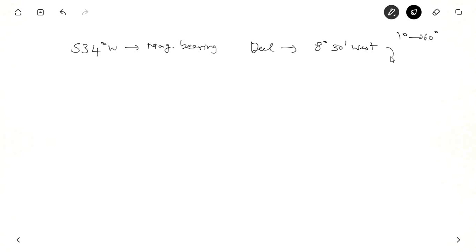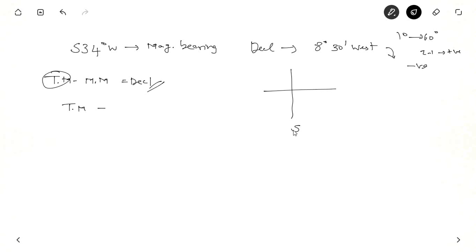So we have seen that west is negative and east is positive. So true meridian minus magnetic meridian is declination. So here they have asked for true bearing. First we have to convert the south 34 degree west to WCB terms, whole circle bearing terms.